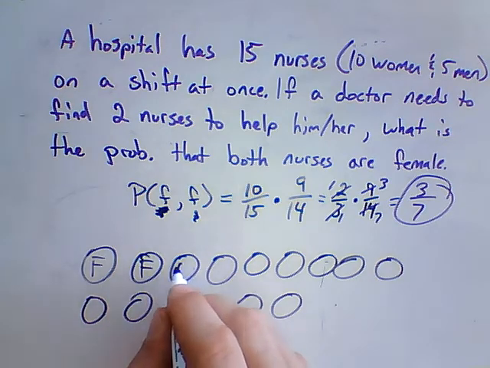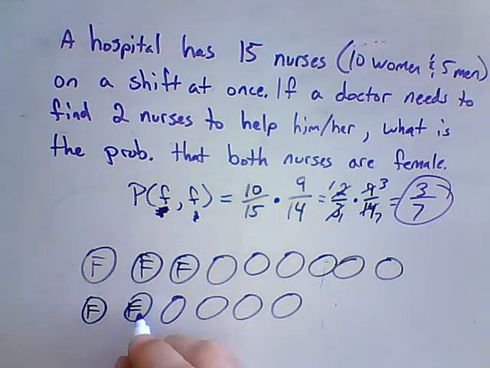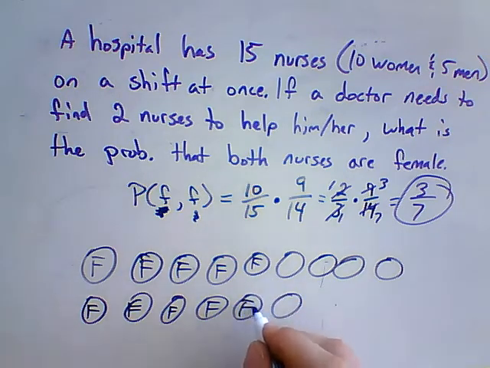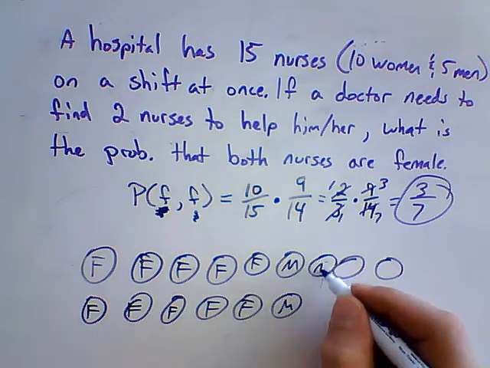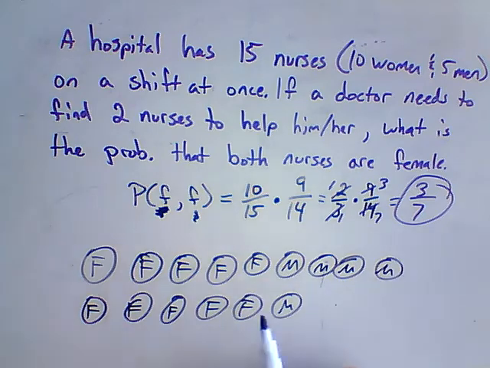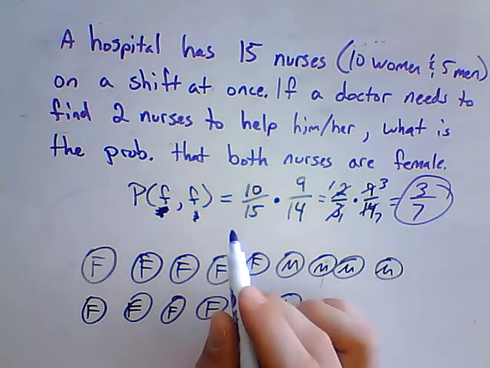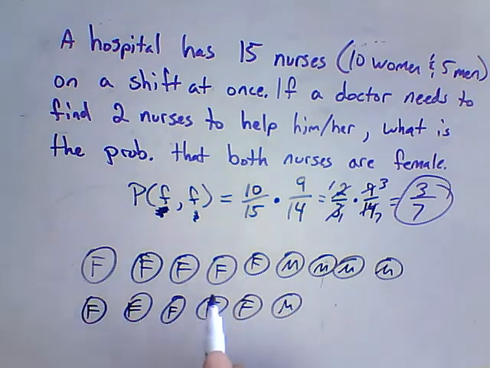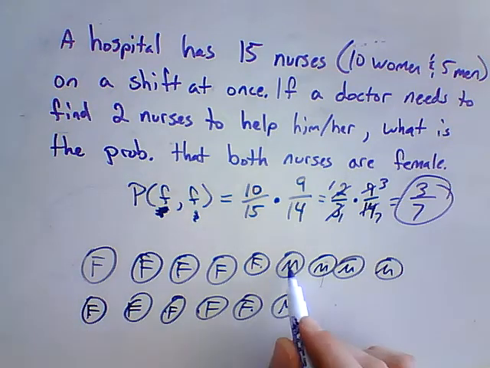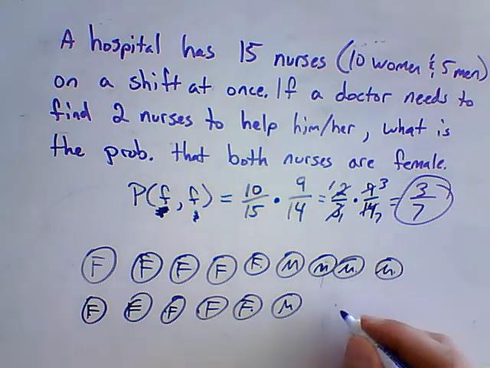There's my nurses. All right? 10 female, 5 men. So the first time I get a female nurse, there's 10 out of 15. Right?